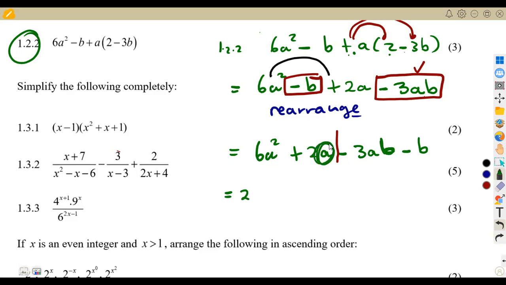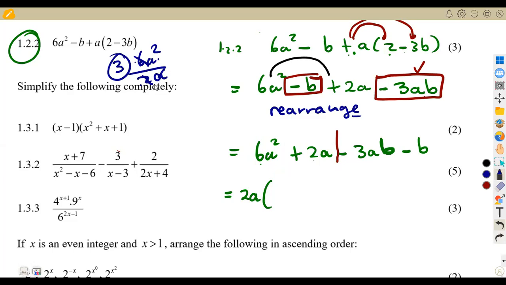And I said you take the one with the smallest exponent when you find the highest common factor. So the highest common factor of 6 and 2 is 2, and of a squared and a is a. You divide here and also here by 2a, which is your highest common factor. If we divide 6a squared over 2a, 6 divided by 2 is 3.